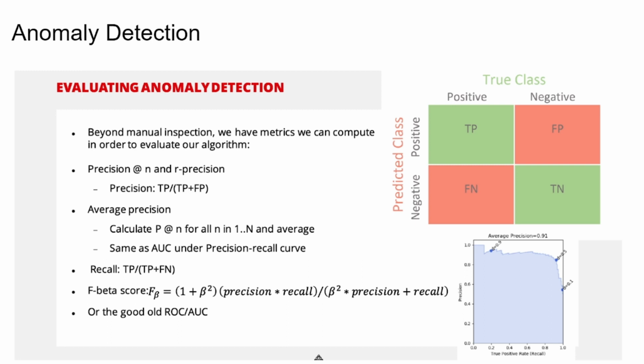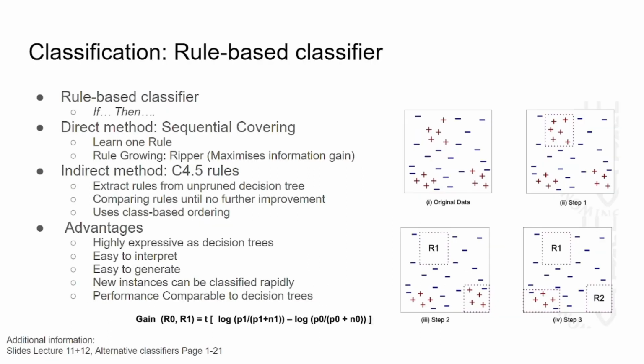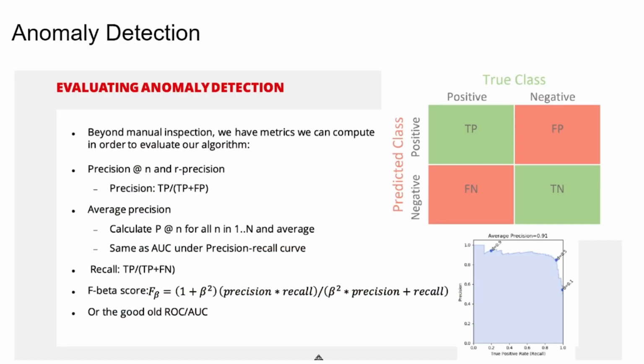Those two are quite good for evaluating anomaly detection. One thing to mention: it's much easier to think about anomaly detection like a classification task, because the measurements are about the same. This is a classification task specifically for classifying anomalies.